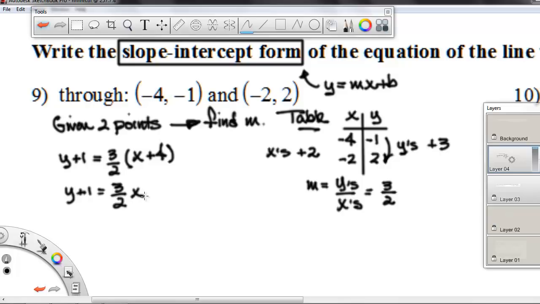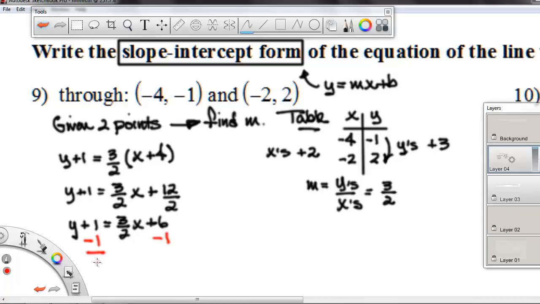Now we're asked to put it in slope-intercept form. I take the 3/2, I times it by x, so I get 3/2 x. I take the 3/2, I times it by 4. 3 times 4 is 12, so it'll be 12 divided by 2. Now the next step, I have y plus 1 equals 3/2 x plus, and we know that 12 divided by 2 is 6.